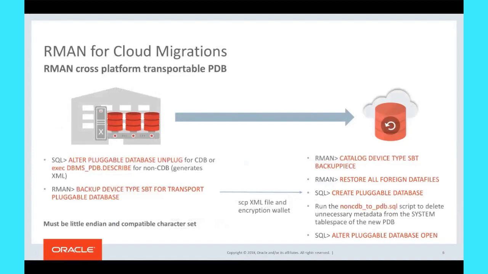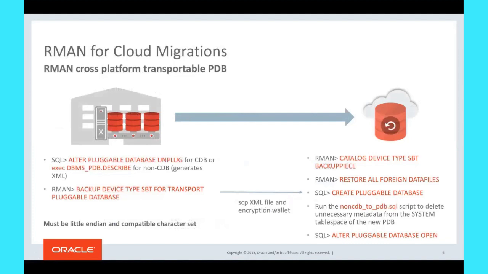When you go to the cloud, you copy that file using SCP, you copy the encryption wallet in case, and you move it to the cloud. At that point in the cloud, you catalog the backup pieces, and you can do a restore all foreign datafiles operation. You create the pluggable database. If the original source database was a non-CDB, there is also another procedure that you can run to delete unnecessary metadata created by your restore operation, and then you can do an alter pluggable database and open the database.